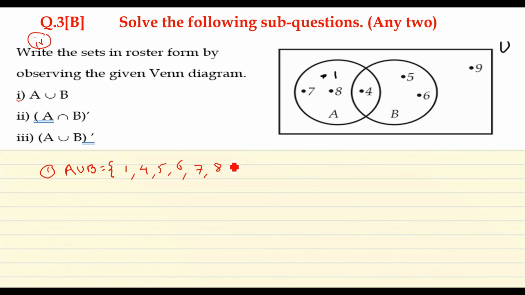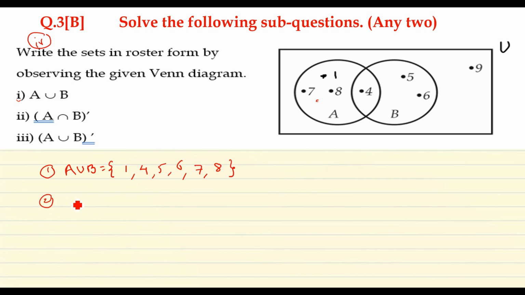So this is what we have, A union B. What is A union B? 1, 4, 5, 7 and 8. 4 terms in A and again 3 terms in B. This 9 will not be part of A union B because it is in the universal set.